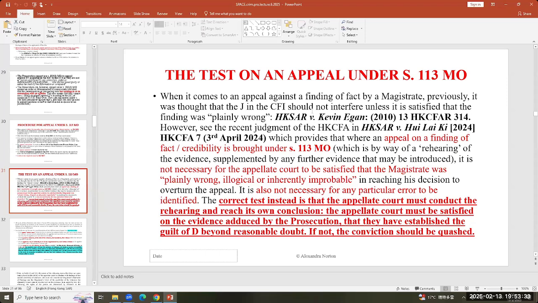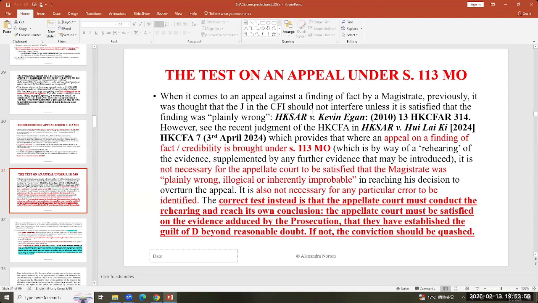And the reason is that Section 113 talks about there being a rehearing of the evidence, supplemented by any fresh, additional evidence that can be introduced. So the appellate court doesn't have to be satisfied that the magistrate was plainly wrong, illogical, or inherently improbable.